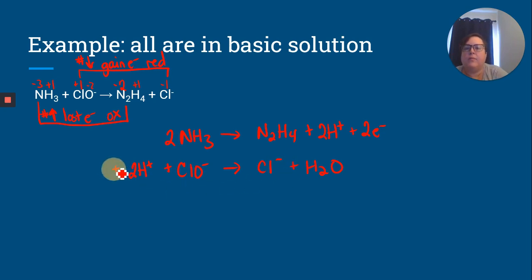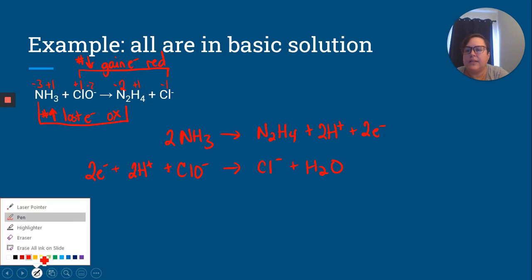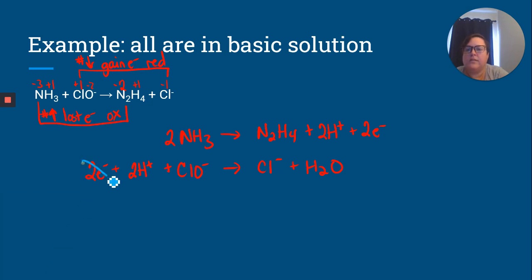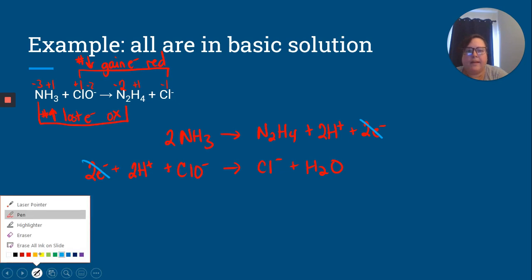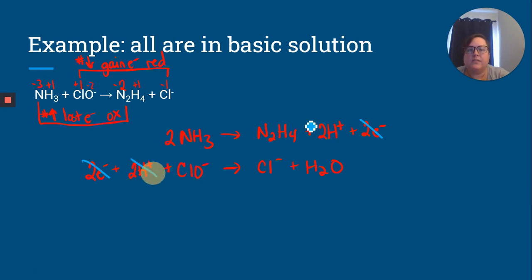So it's being reduced, so the electrons go on the reactant side, and we would need 2 electrons to give us an overall negative charge to balance the negative charge over here. The electrons are equal, so they will cancel out, so we don't have to multiply. The hydrogen ions are in common, so we can cancel those as well.